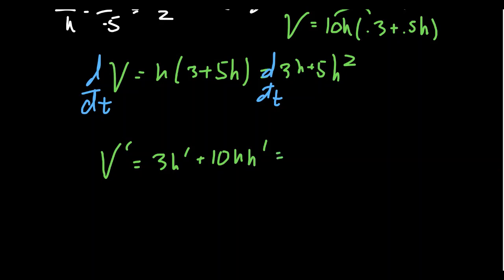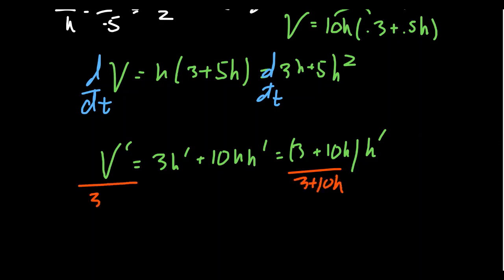I'm going to factor out the h prime, because h prime is what we're trying to solve for in this situation. If you divide both sides by the 3 plus 10h, you then have solved for h prime. So h prime is equal to V prime over (3 plus 10h).